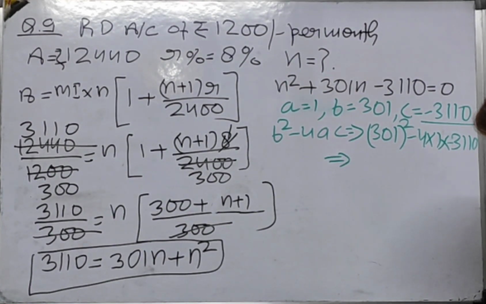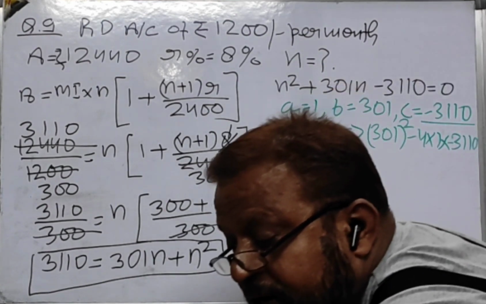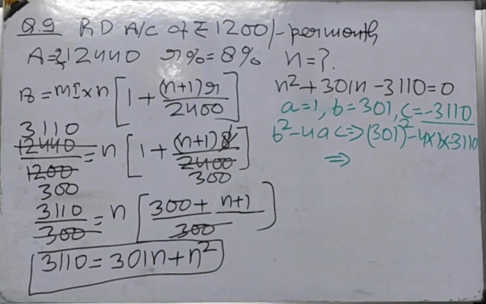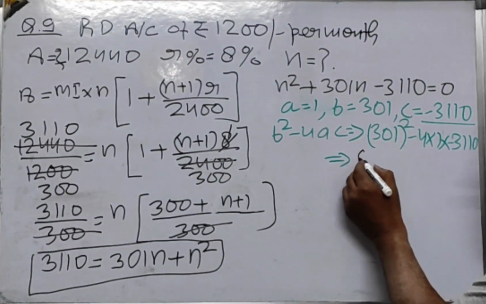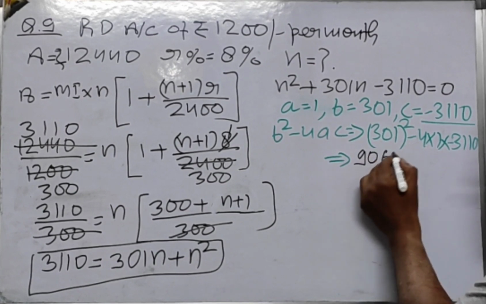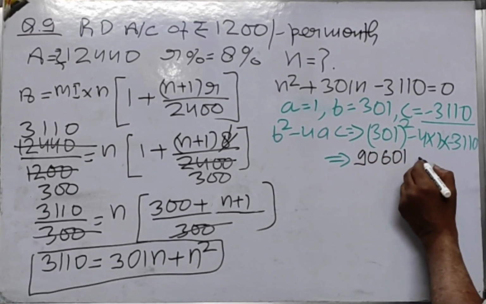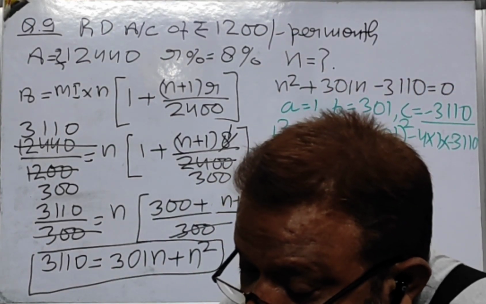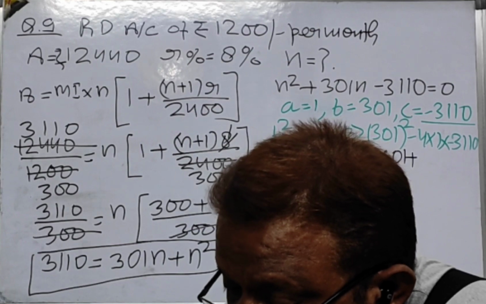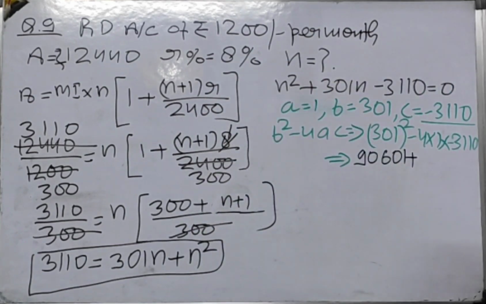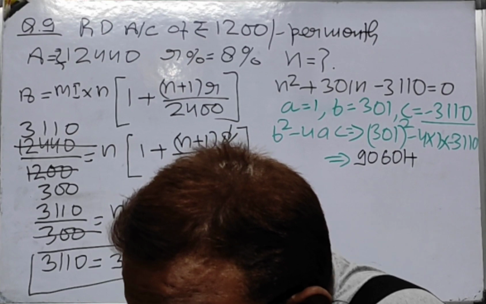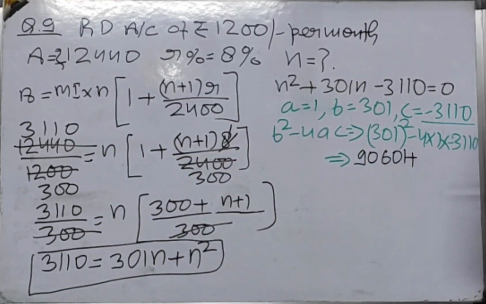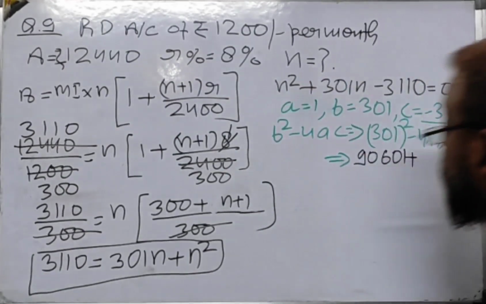301 into 301 is 90,601. Right? It is 90,601 minus minus plus, and you multiply this, 3110 multiplied by 4, you get 12,440.